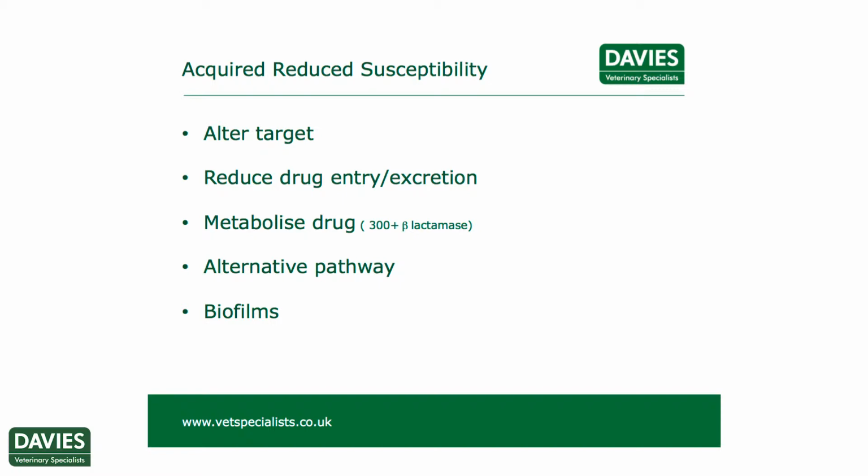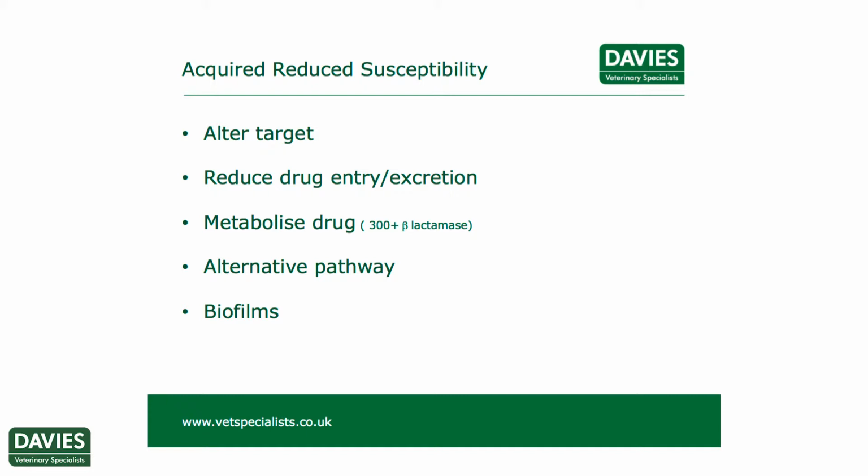How do bacteria reduce their susceptibility to the antibiotics? I've used the word susceptibility because all of these mechanisms potentially have a point where they're going to be overrun, but clinically we can't achieve those concentrations.